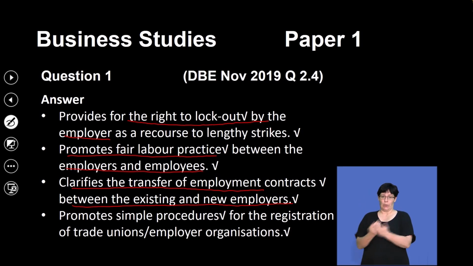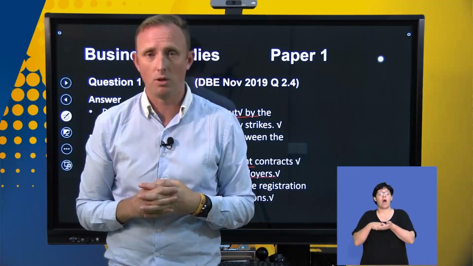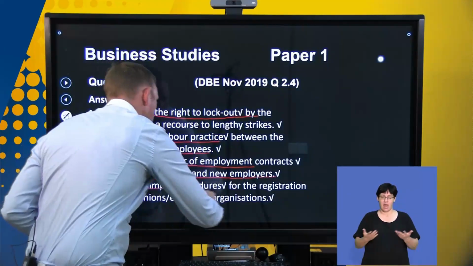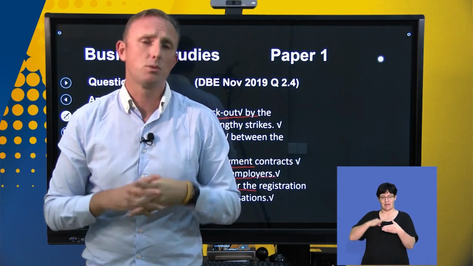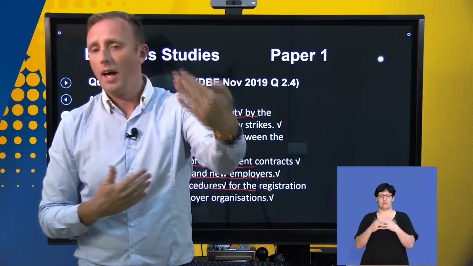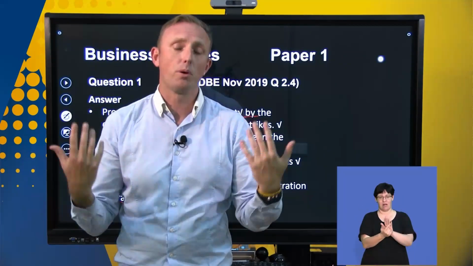So it says this is what the minimum requirement should be for the contract of an employee. And then it promotes simple procedures for the registration of trade unions. So if a group of employees would like to start a trade union, it allows them to do that, whereas in the past, it was illegal for employees to just start any trade union that they want.